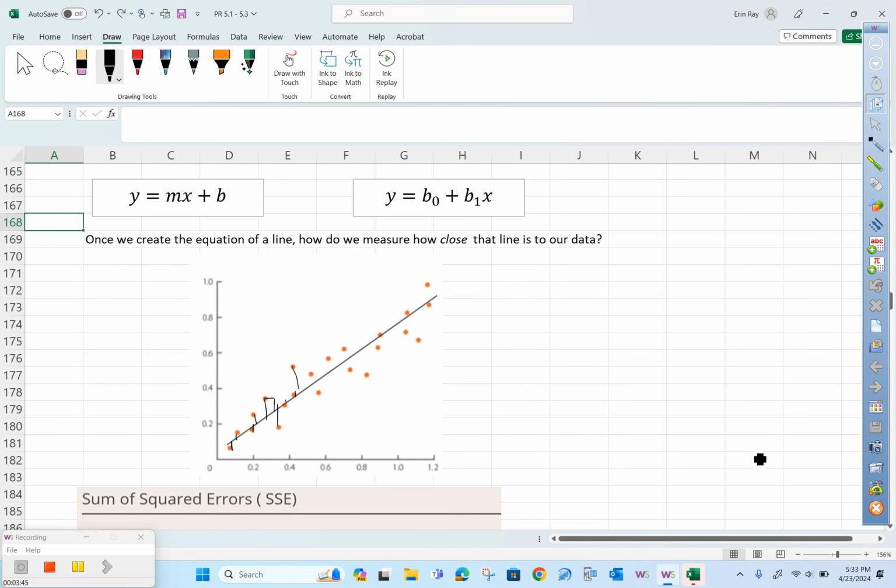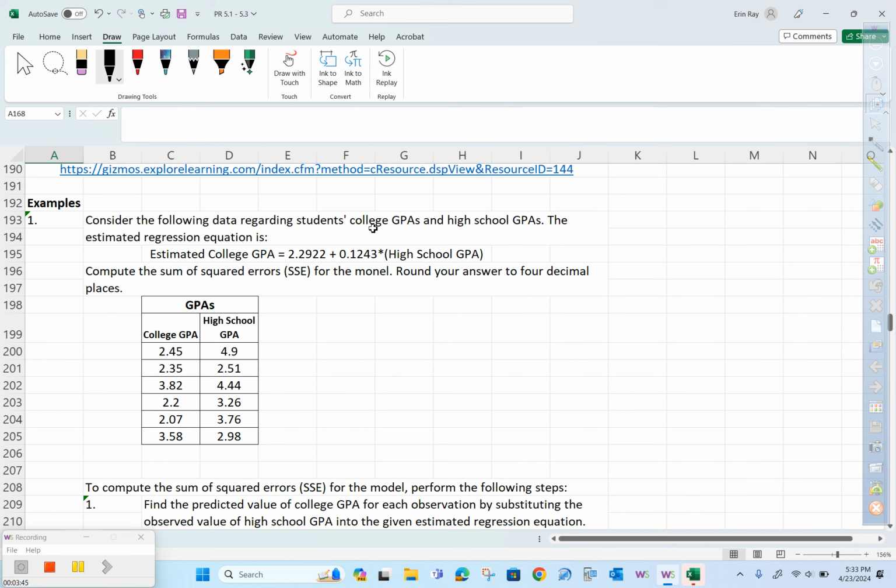It says, compute the sum of squared errors for this situation. We've got students' college GPAs and high school GPAs, and here's the value for us. So it tells us here that the estimated college GPA is equal to this formula, so it gives us this line of best fit. And this is a good practice to get into. They indicate that the estimated college GPA is in the Y spot, so that's our dependent variable.